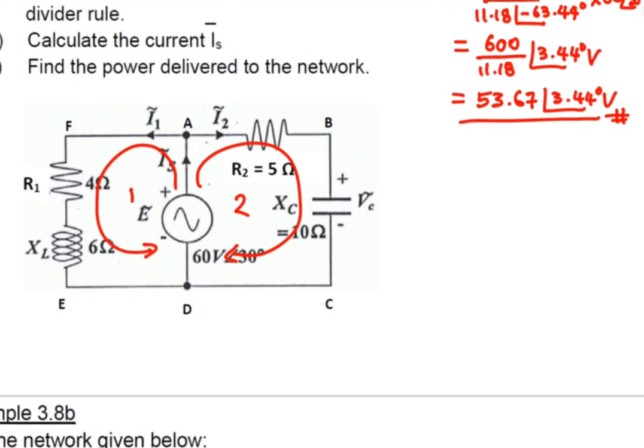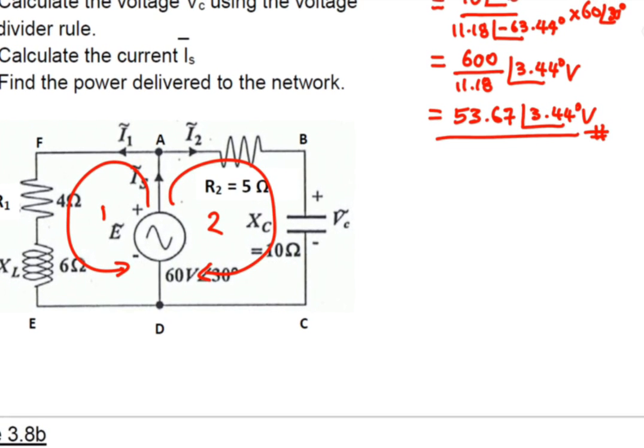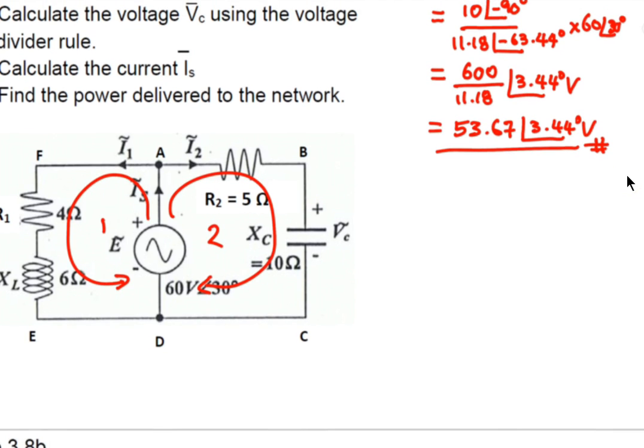Alright, to calculate IS, we need to make use of Kirchhoff's current law. Kirchhoff's current law states that IS is equal to I1 plus I2, which means that we need to calculate I1, the current flowing through this loop, and I2, the current flowing through this loop.